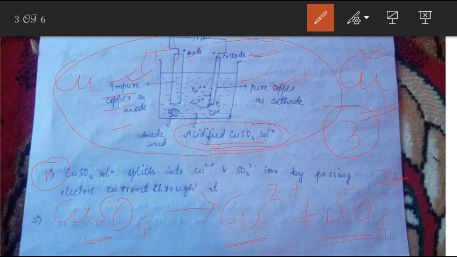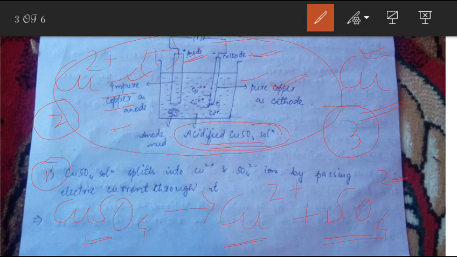So the impure copper which is made as anode will lose 2 electrons to the anode because its valency is 2. It will lose 2 electrons to the anode and its charge will be Cu2+.